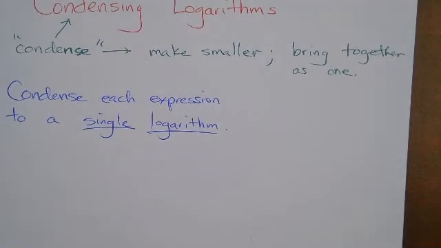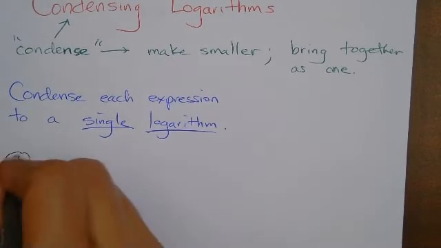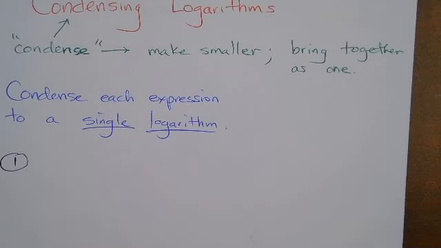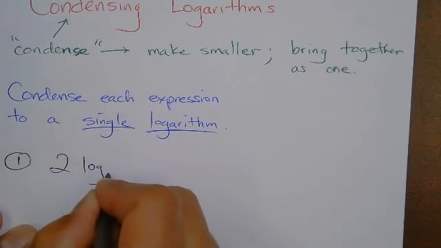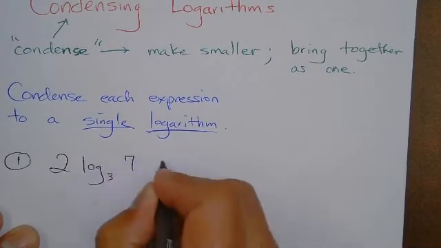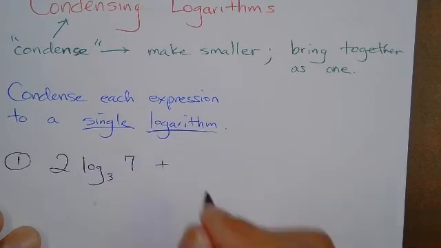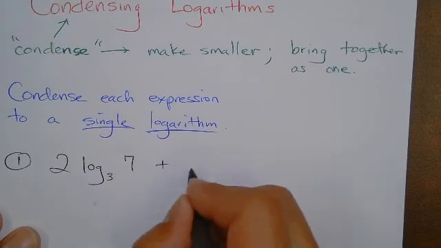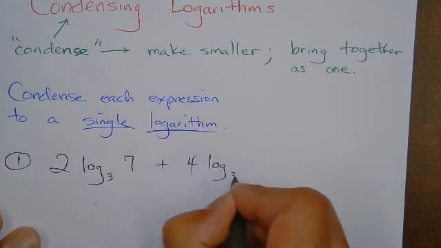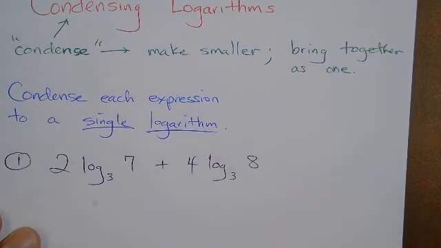We've taken one logarithm and expanded it into these different parts. Now we're going backwards. Okay, so let's jump in. Number 1. 2 log 3 7 plus 4 log 3 8.